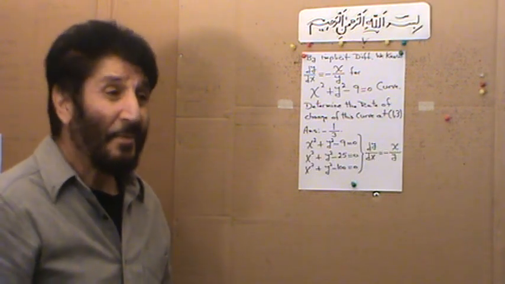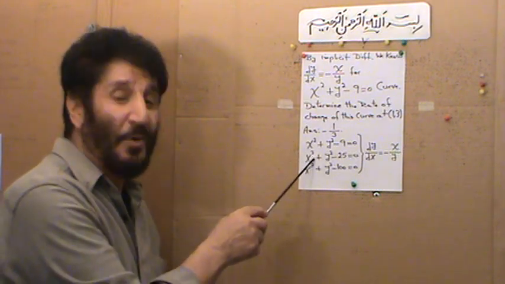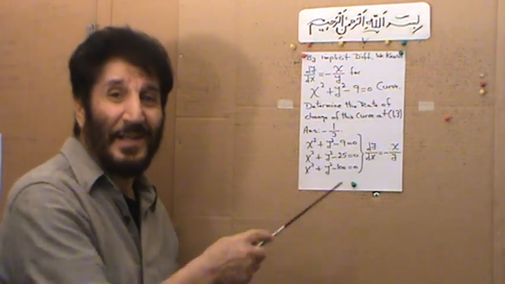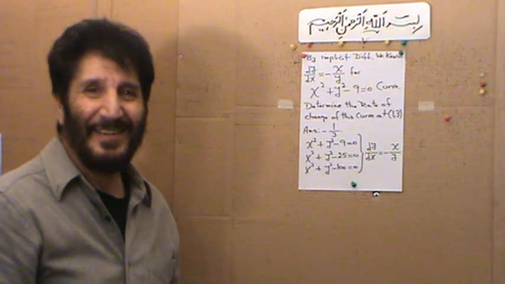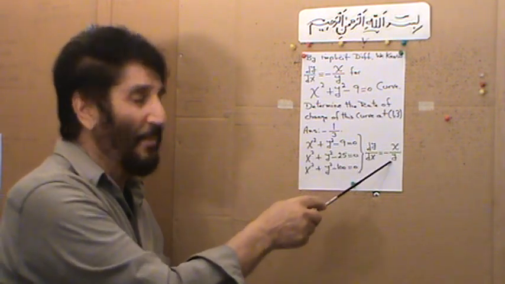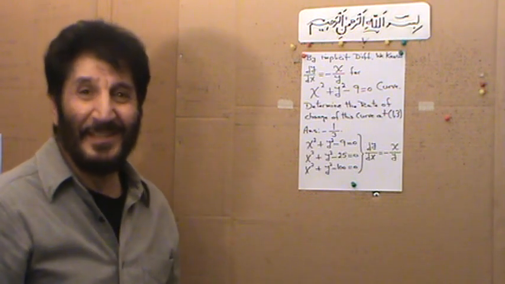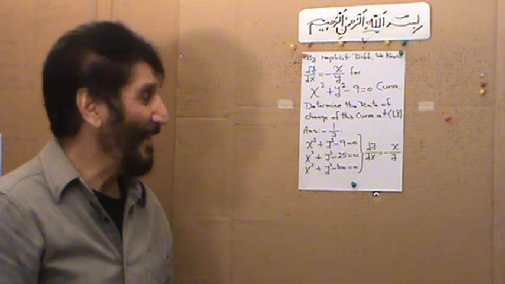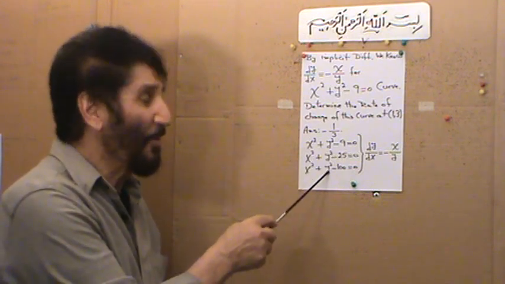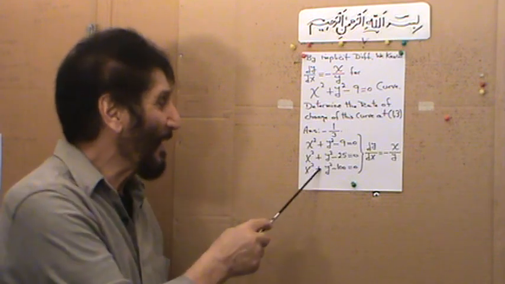But the strange part is that the very same is true for a circle of radius 5. If I differentiate implicitly, I get the same, negative x over y. It's getting complicated, huh? The same is true for a circle of radius 10.